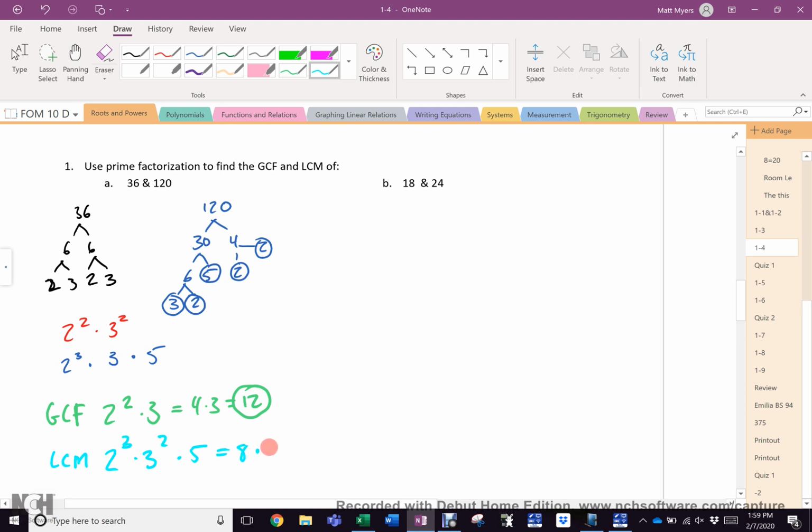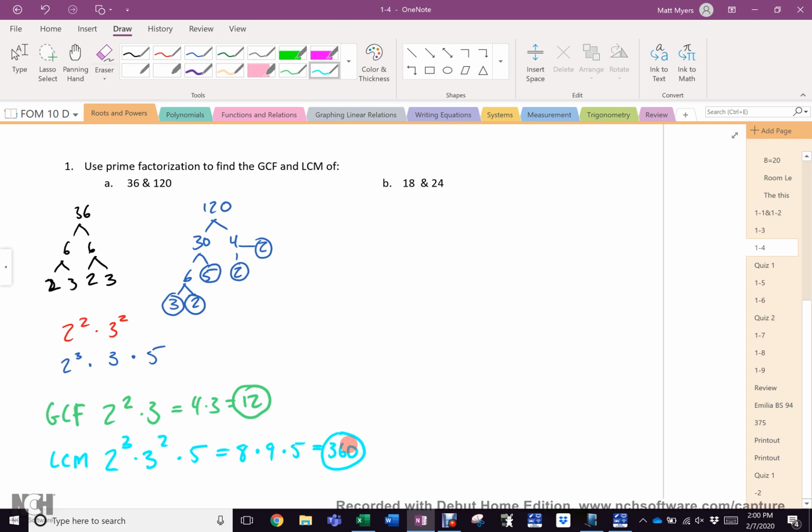Times what's 3 squared? 9 times 5. 8 times 9 is 72. 72 times 5, I'm going to help you out so you don't have to get a calculator. 360. So that is our lowest common multiple. And we use these in data and planning and things like that. All right? Nothing changes. Doesn't matter what the numbers are.